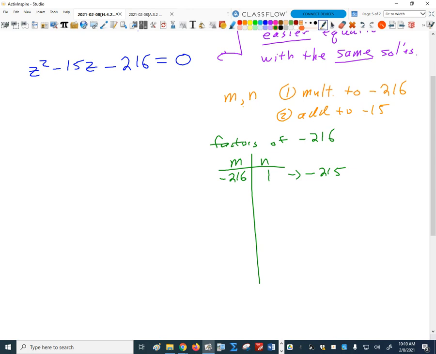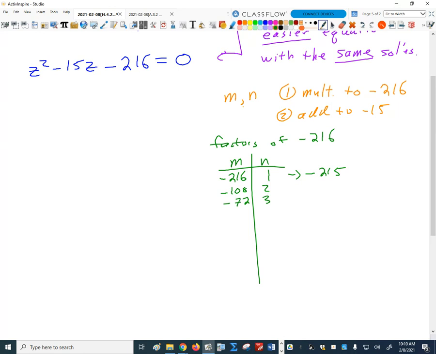They have to add to negative 15. So I could go down the list. I could do negative 108 times 2, but obviously that's still way too big. Go down the list further. Does 3 go into that? It does, right? So I could do negative 72 times 3. Still, those add to way too big a negative number.